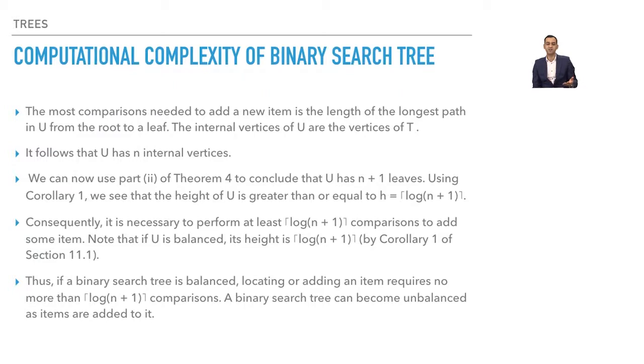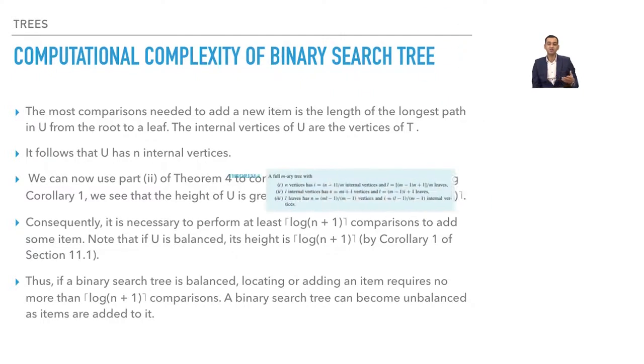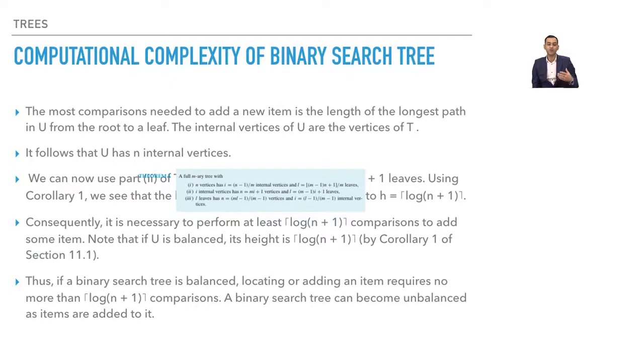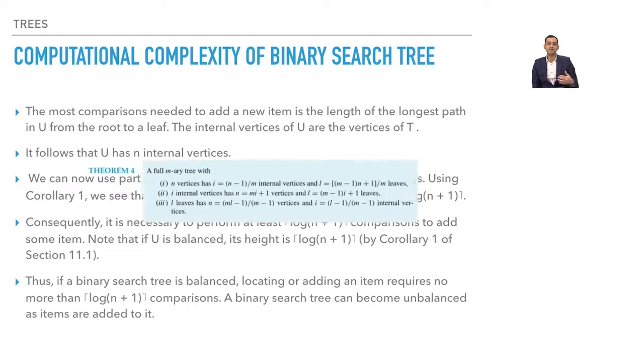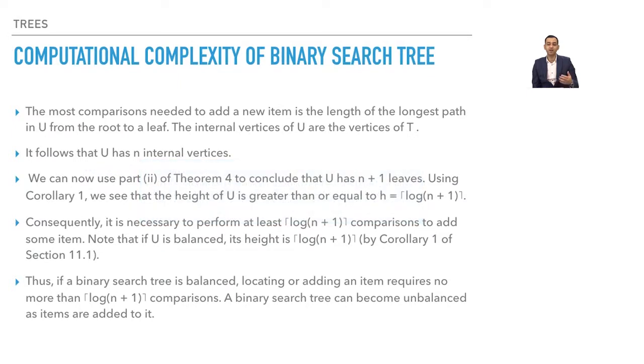The internal vertices of U are the vertices of T. It follows that U has n internal vertices. We can now use part 2 of theorem 4 to conclude that U has n plus 1 leaves. Using corollary 1 of a previous section, we see that the height of U is greater than or equal to h, where h equals ceiling of log(n+1).